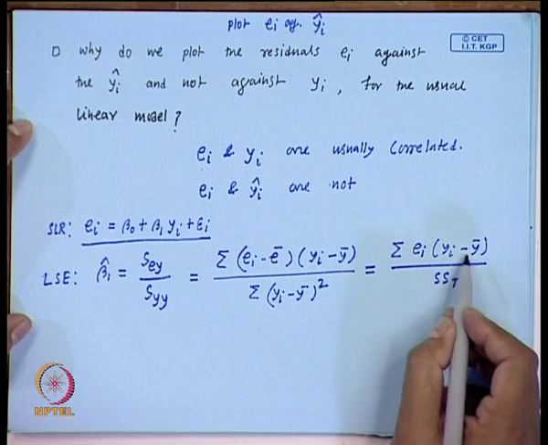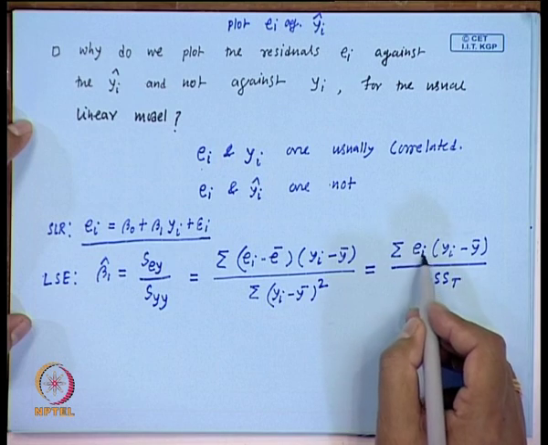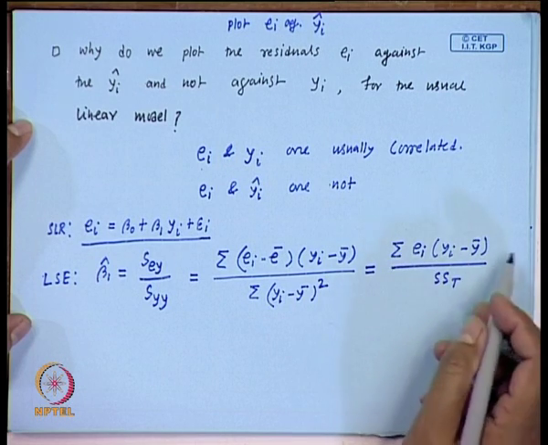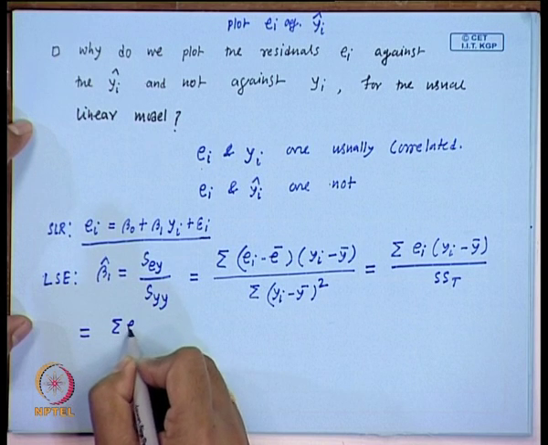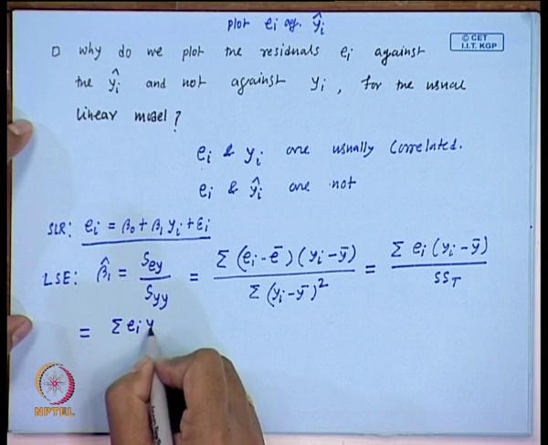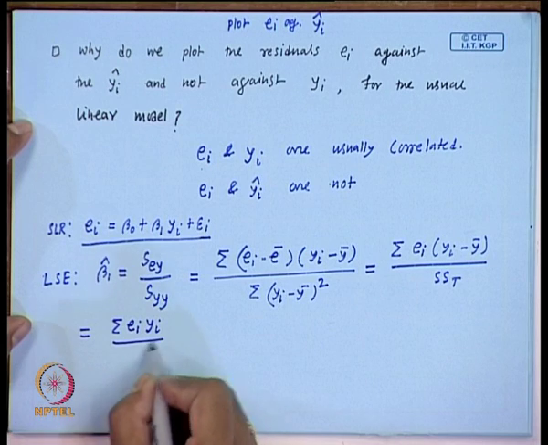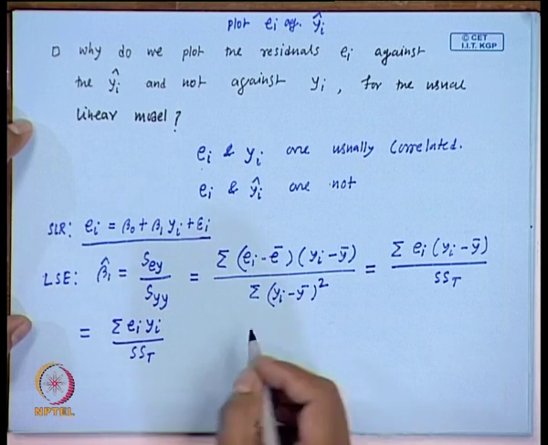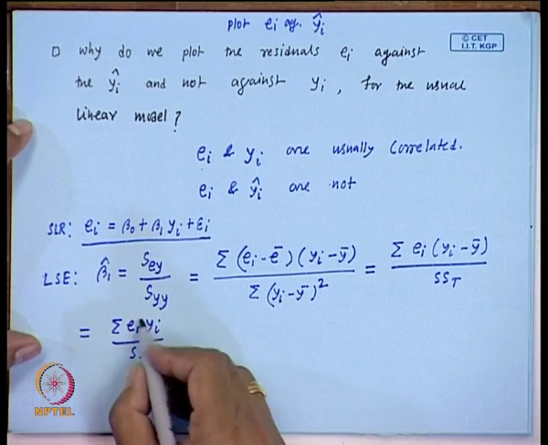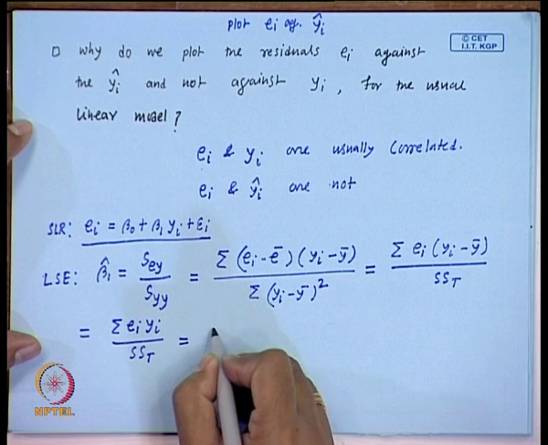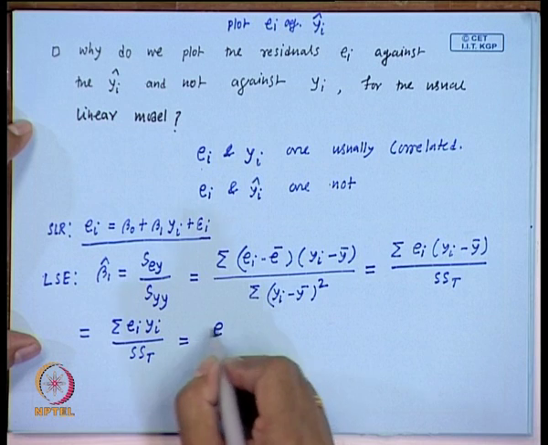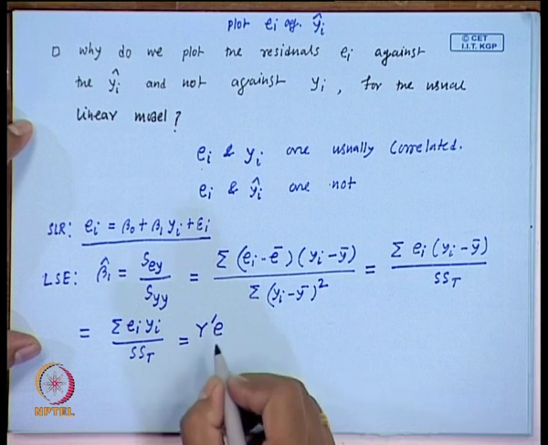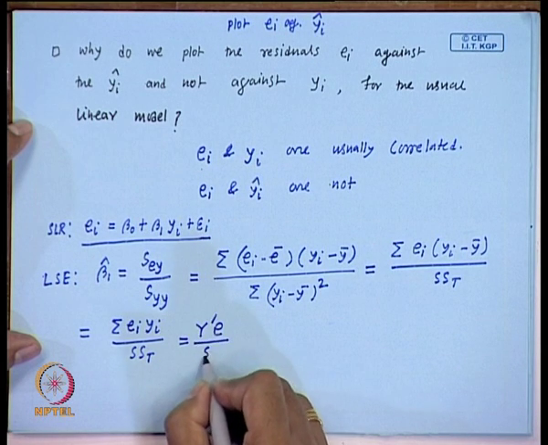And again, you know, y bar into ei, that is, the sum over ei, is going to be 0. So, this is equal to summation ei yi by SST, very simple. Now, in matrix notation, this can be written as e prime y or y prime e, the same thing, by SST.